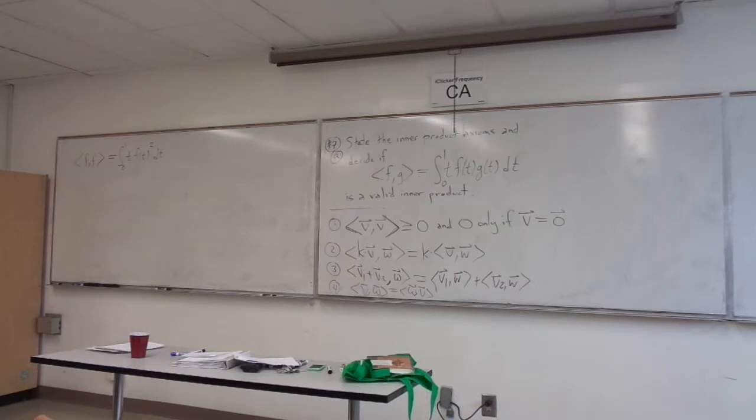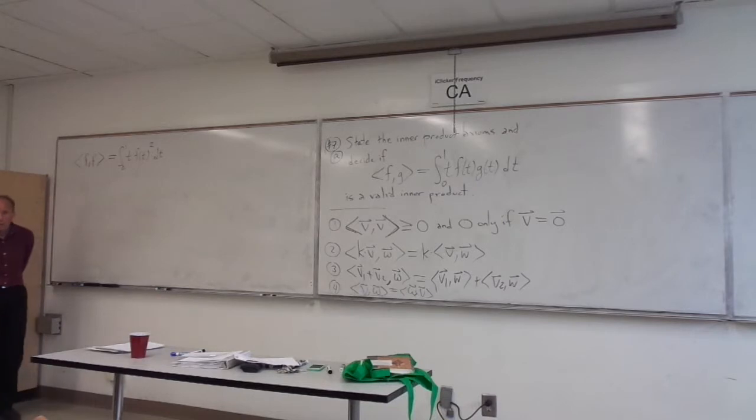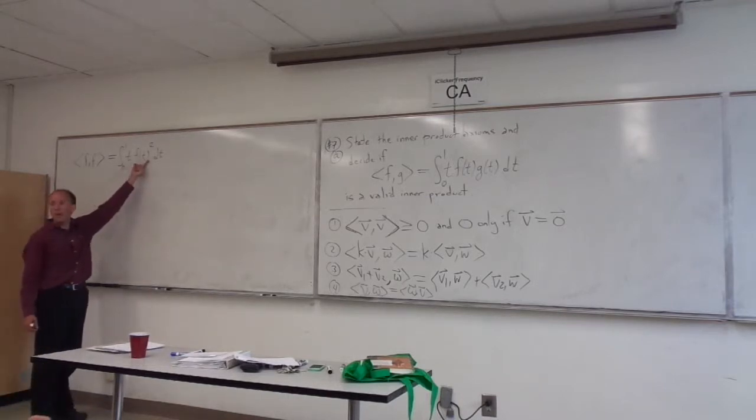It just looks like that. And the question is, is that greater than or equal to 0? Why? Because anything squared is always going to be a positive number. So f of t squared is positive.